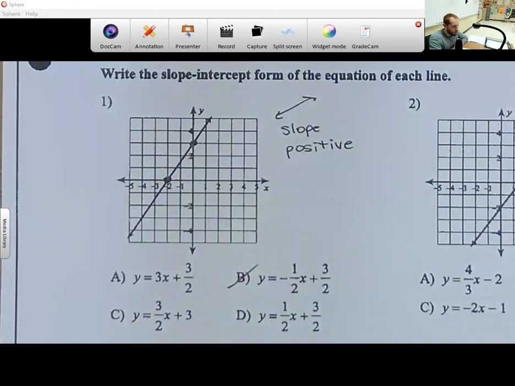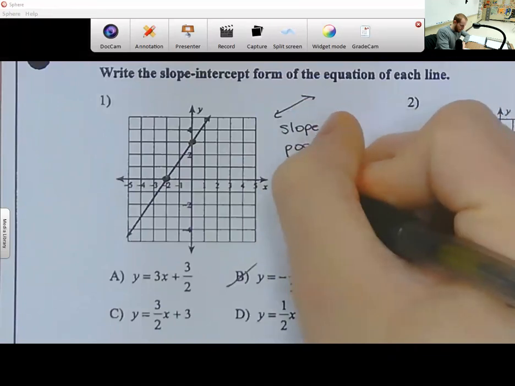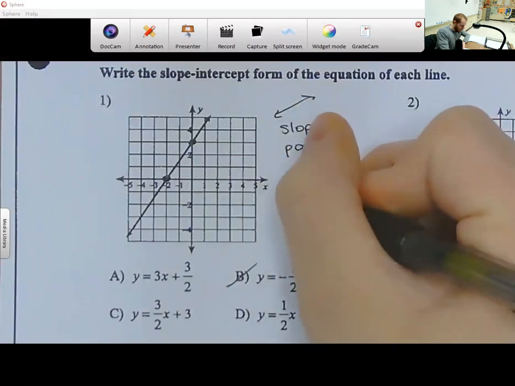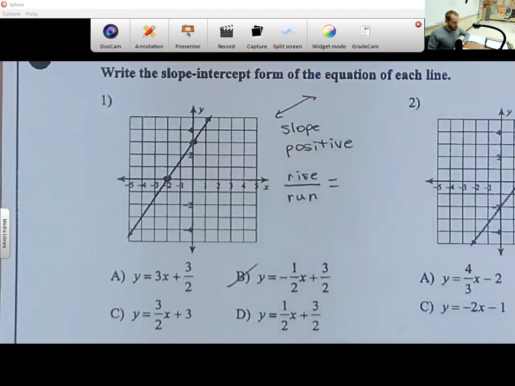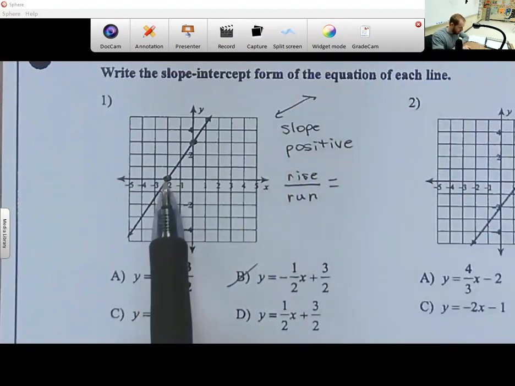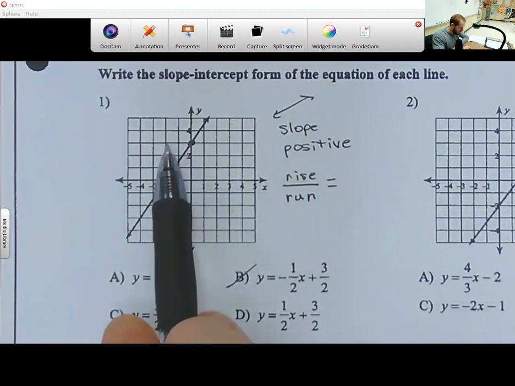Let's start off with rise over run. I think that would be easier to think about. How far does the graph rise from the 2 points, and how far does the graph run from the 2 points? Well, from the first point to the next point, how far are we going up? We're going up 3, right?